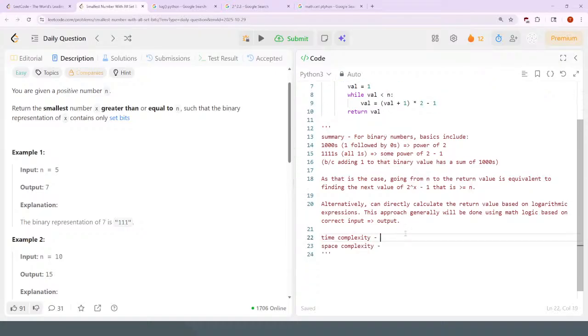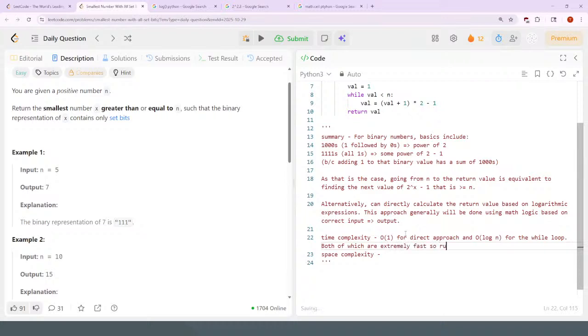In any case, time complexity can be O(1) for the direct approach and O(log n) for the while loop, both of which are extremely fast.